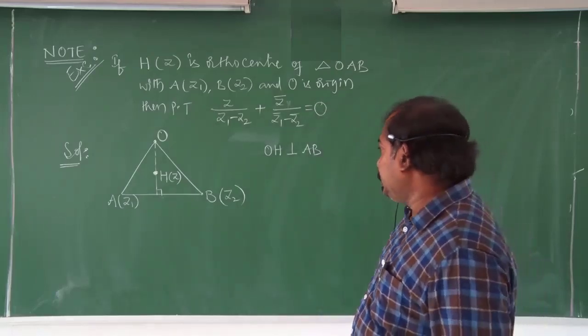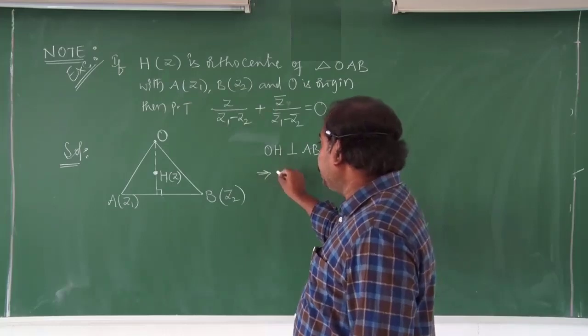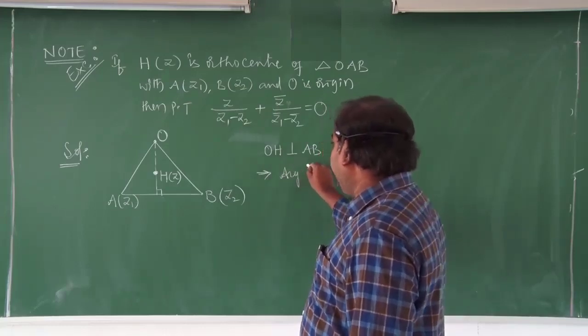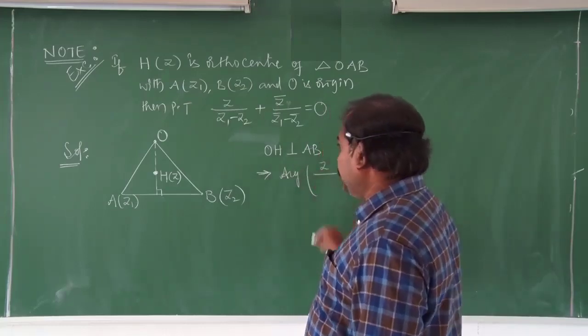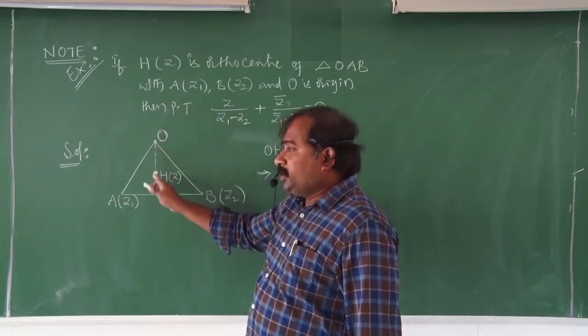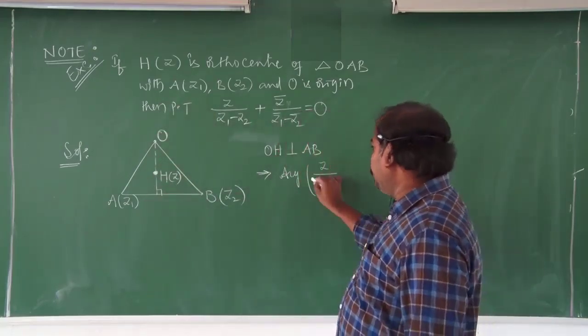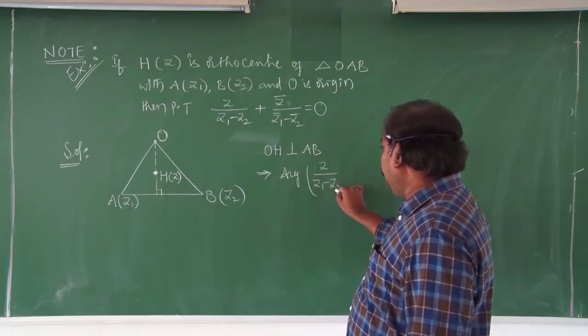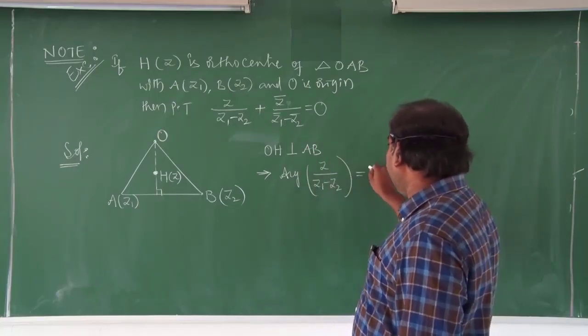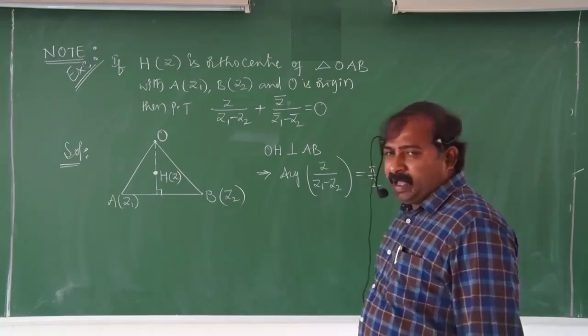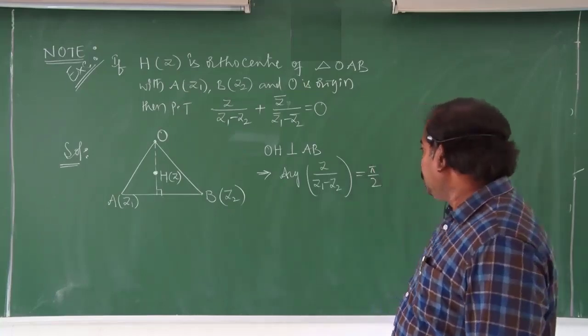So in complex number form, how can I write this? That implies the argument of z minus 0 by z1 minus z2. What will the argument of this value be? Pi by 2 or minus pi by 2.